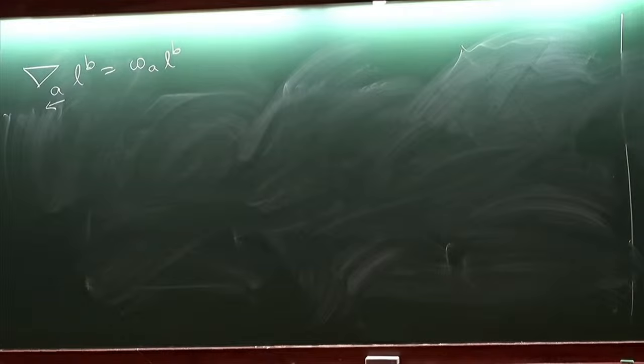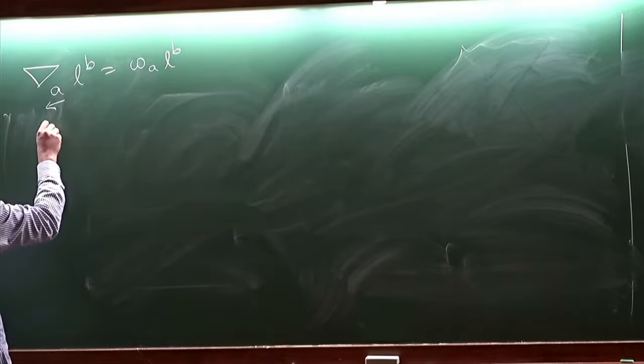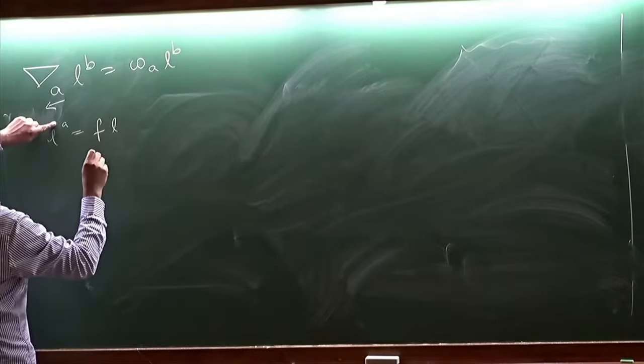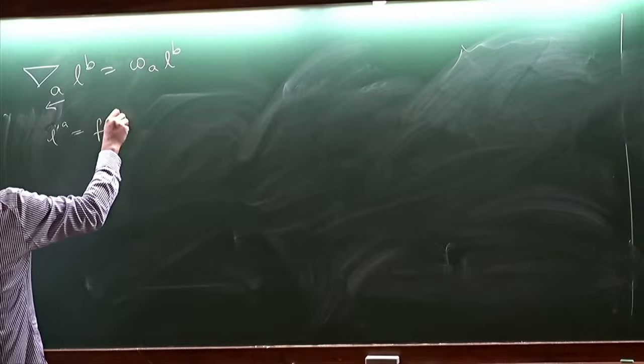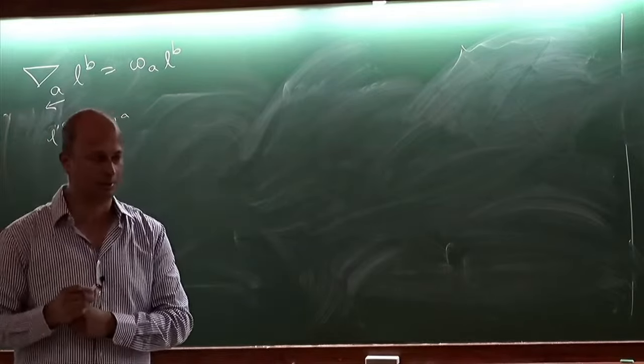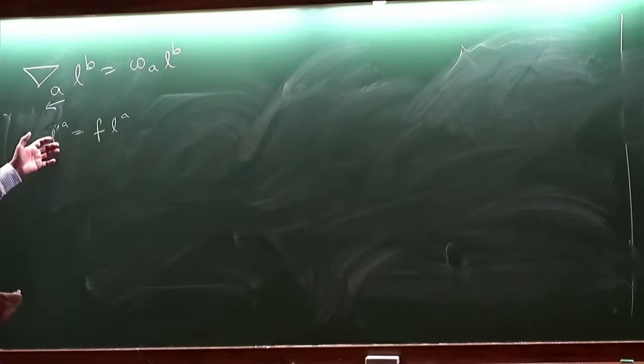We will realize in a minute that if I change the L, say L tilde, or let's say L prime, A equals F times L^A, where F should be positive, but apart from that it should be smooth and so on, there is no other restriction. This is completely valid. So far, nothing in the non-expanding horizon restricts us to any L. I can scale my L as I like.